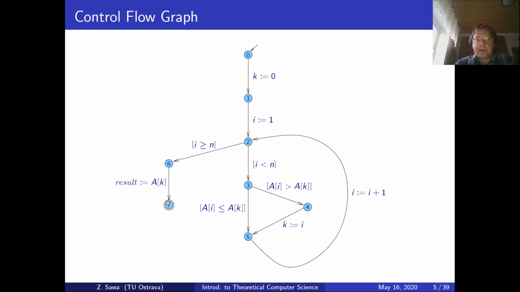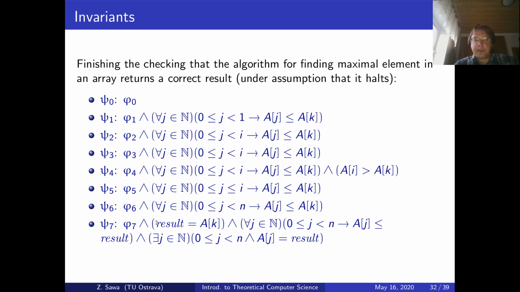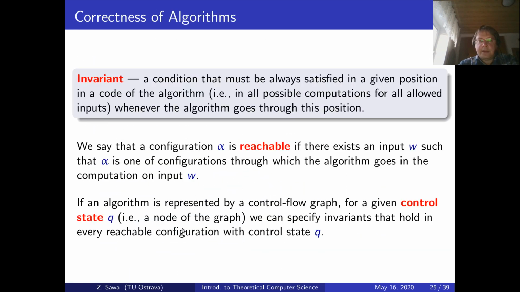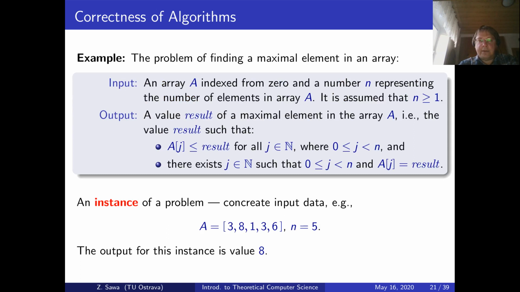If we check that all these invariants are true, then in state 7 this invariant will hold, which corresponds to saying that the value in variable result satisfies the conditions we had in the specification of the problem. That is, the value of result is greater or equal than each value in the array, and it occurs in the array.